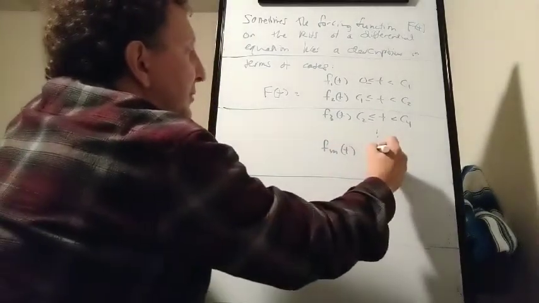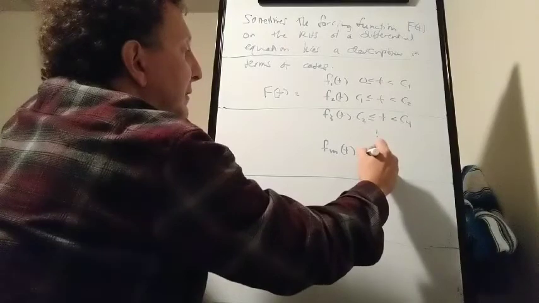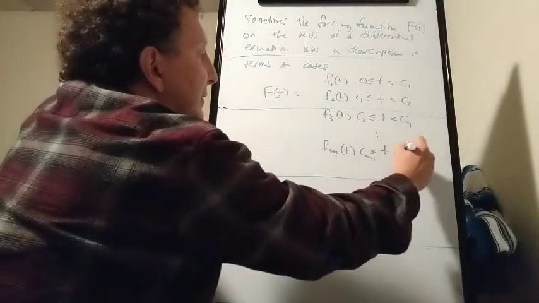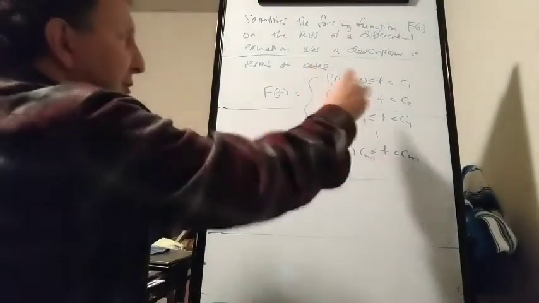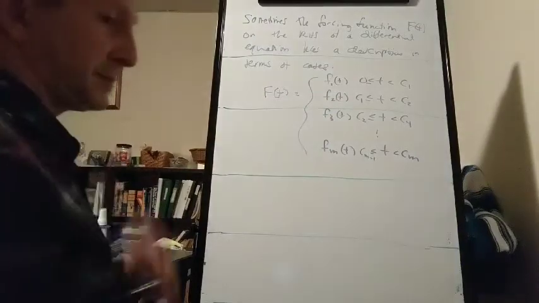So it's fm of t for t between c(m-1) and cm. So each of these different functions that applies only to a certain interval is called a case.